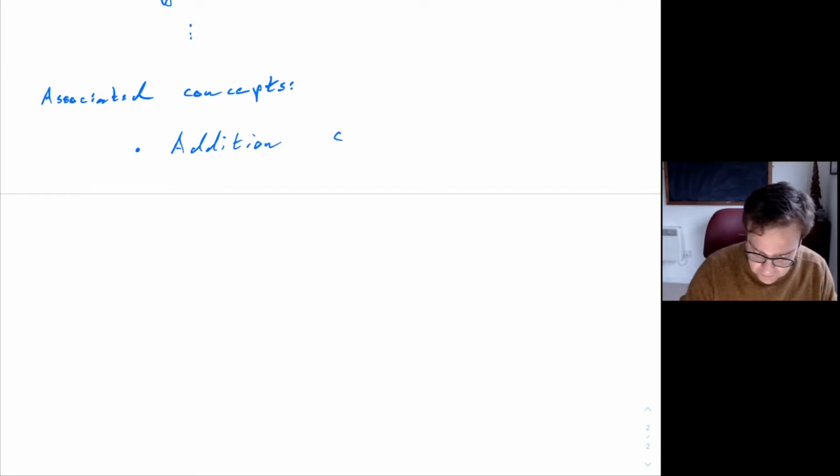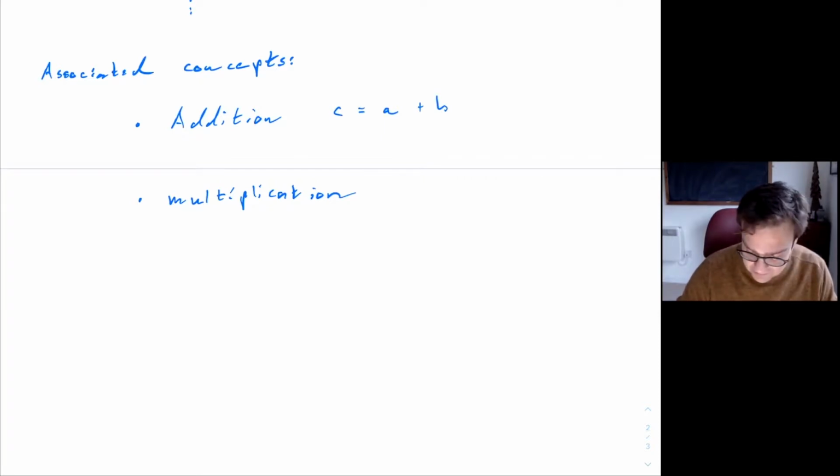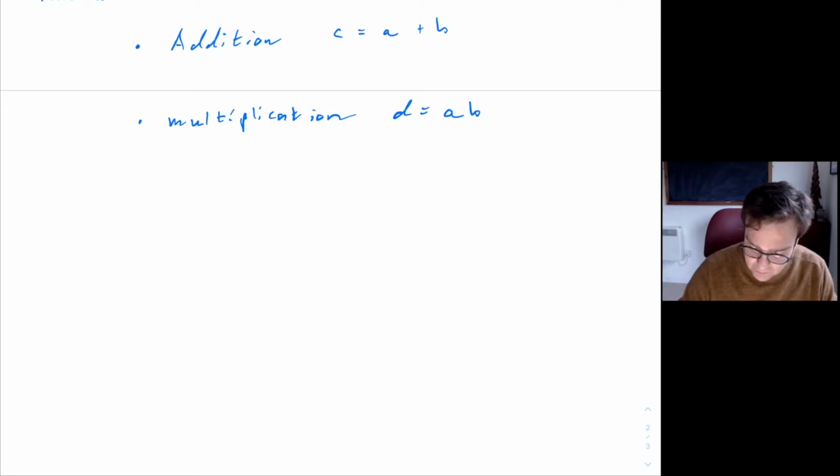For example, you could invent a scalar c that's equal to a plus b. That's something you know about since youth. There's multiplication, and you express it like this, say the scalar d is equal to a times b, or sometimes you might write this with a little dot in the middle, or with an X for times.